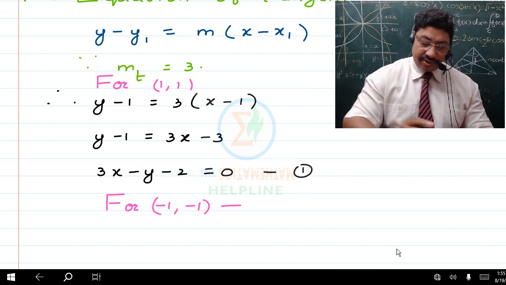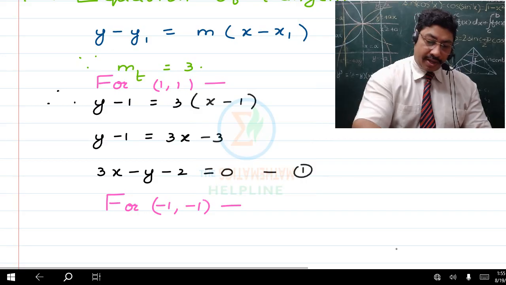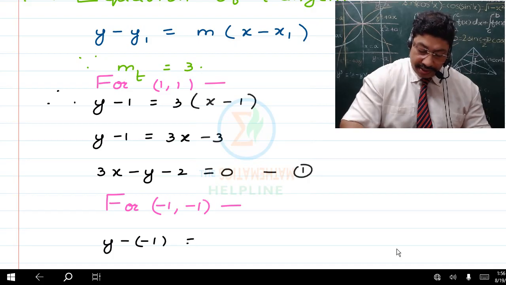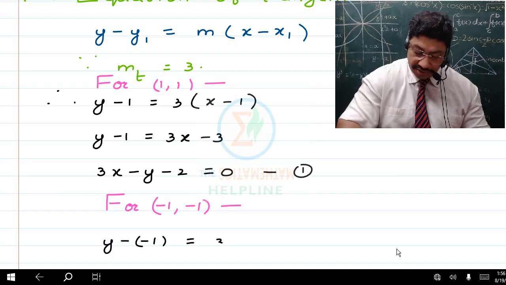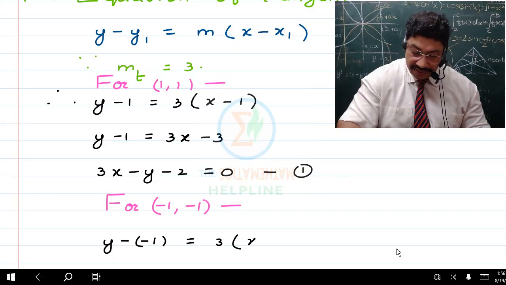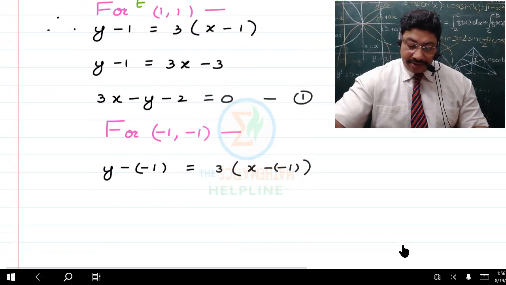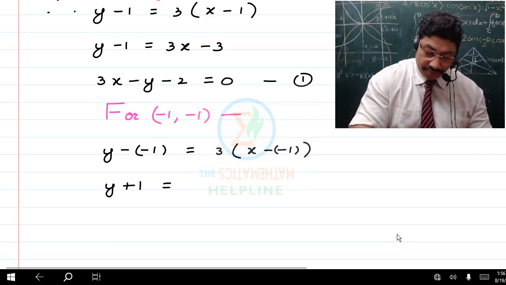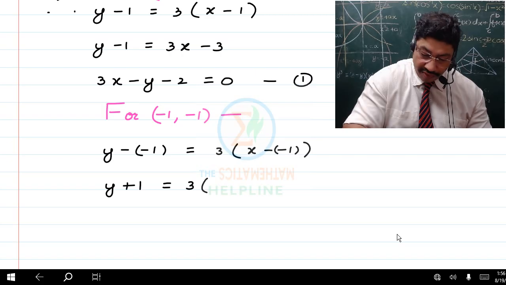Then this is going to become y minus y1, that is minus 1, is equal to m, which is 3, times (x minus x1), that is minus 1. So further here, children, we have y plus 1 equal to 3 times (x plus 1), right?